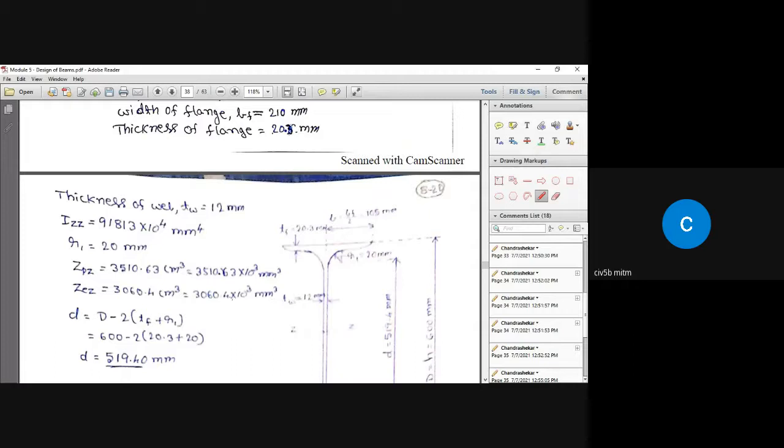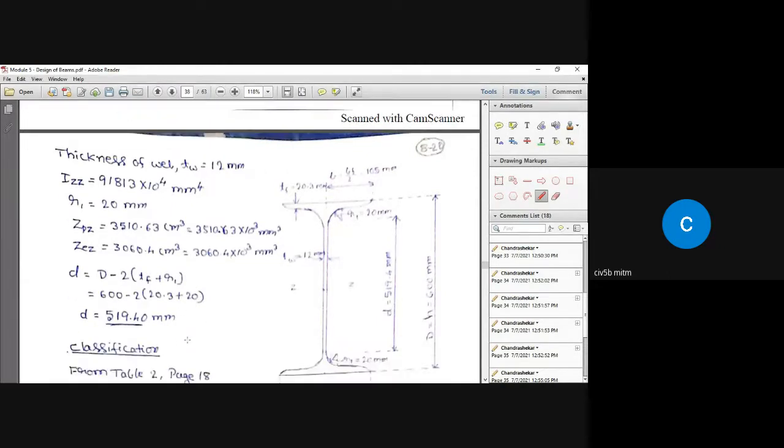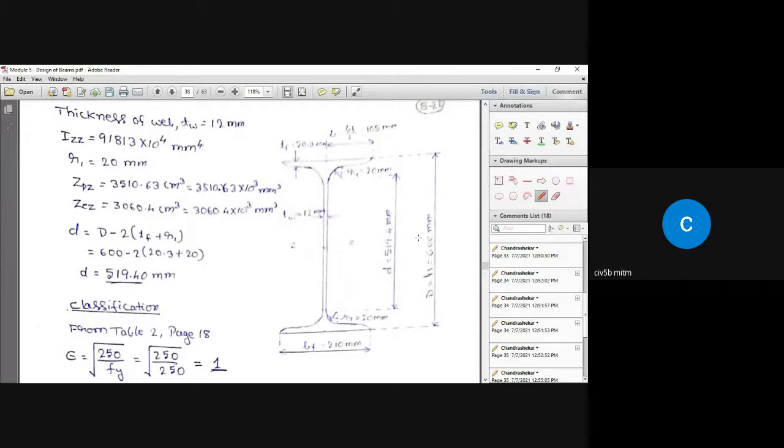This ZEZ we can get from the steel table, and it is written as ZXX instead of ZPZ, for ISMB 600. So write those values, and find out what is D. D equal to 519 millimeter. You know how to calculate D. That is capital D, that is overall depth minus 2 times thickness of the flange plus R.